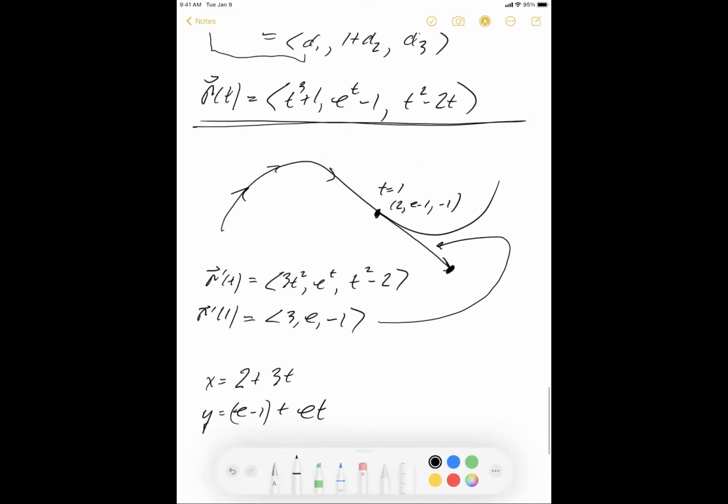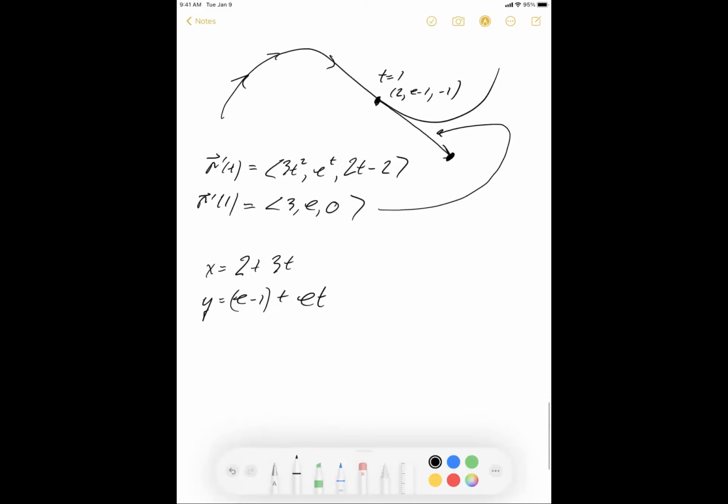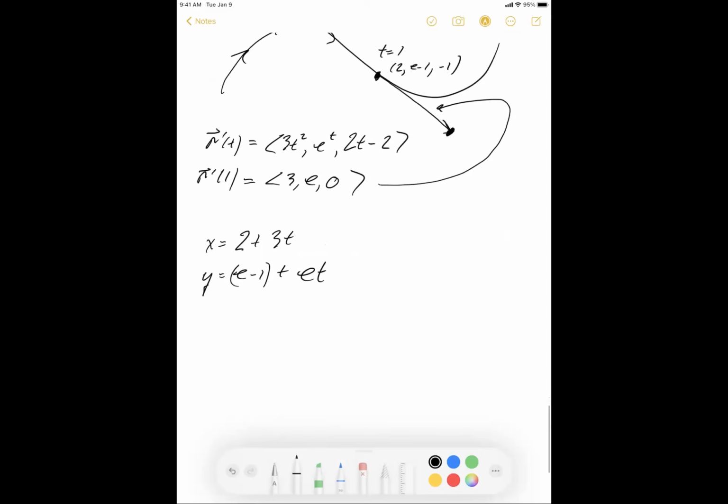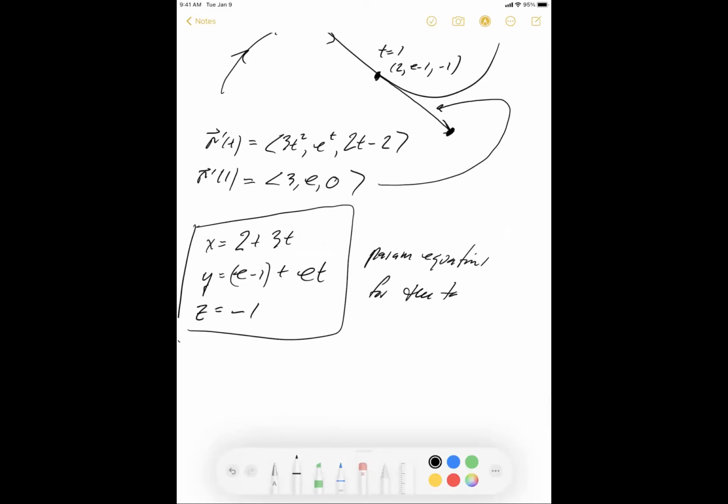Because 2t, yes, thank you, right there. So if I plug in 1, I get 0 there, don't I? Okay, thank you. So R prime of 1 is actually 0 there, and then z equals negative 1 plus 0t. So that's the parametric equations for the tangent line.